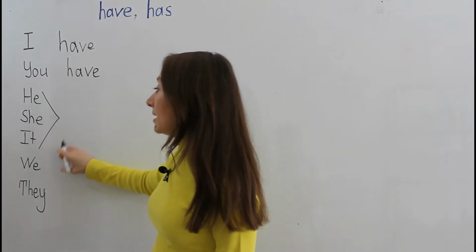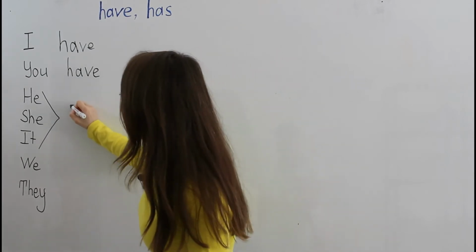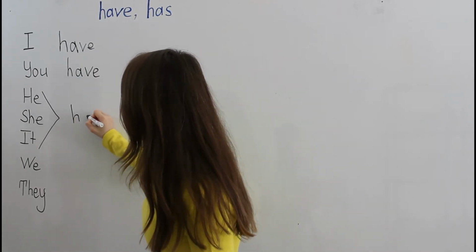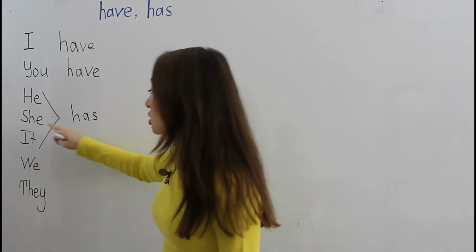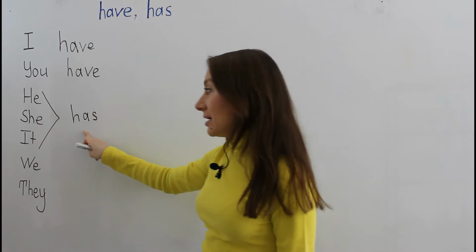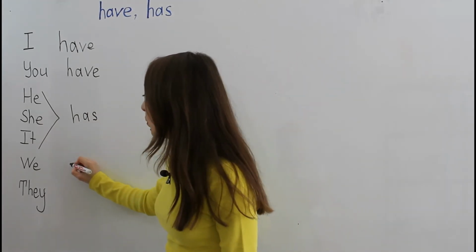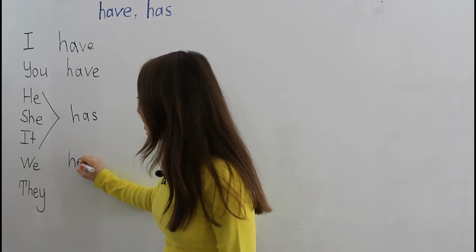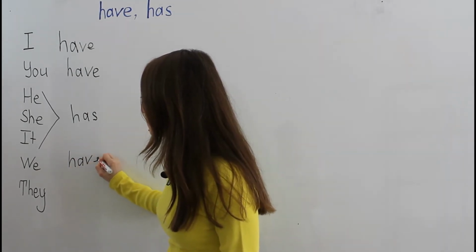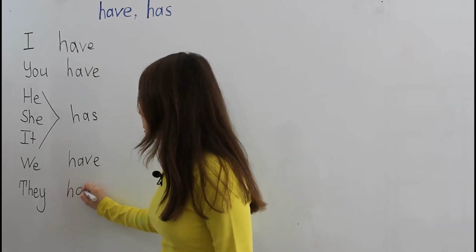He, she, it, the verb changes a little bit. So you have to remember this form. He has. She has. It has. And the next, for plural pronouns like we, the same, have, and they have.